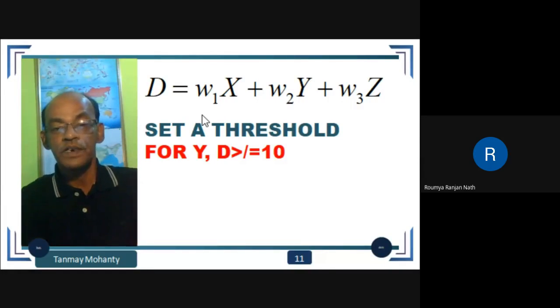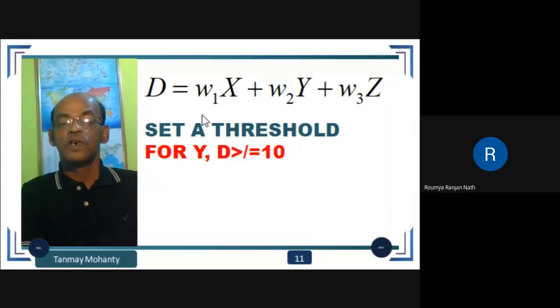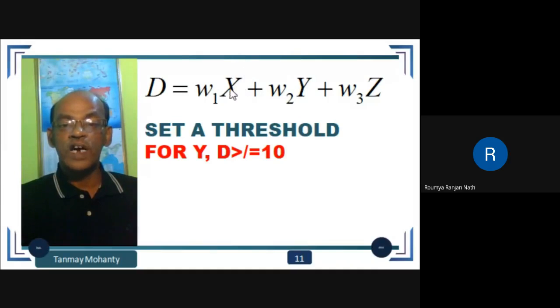Now, let us consider this situation. I want to go with my parents. So X is 1, I am going with parents, weightage is 2. So what is the result? 2 into 1, 2.